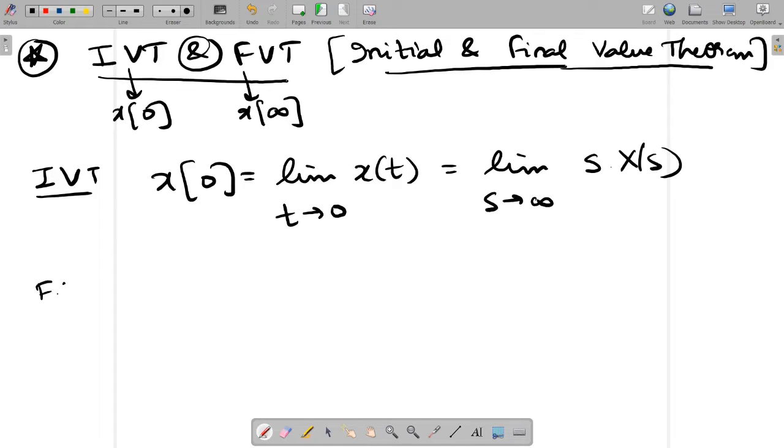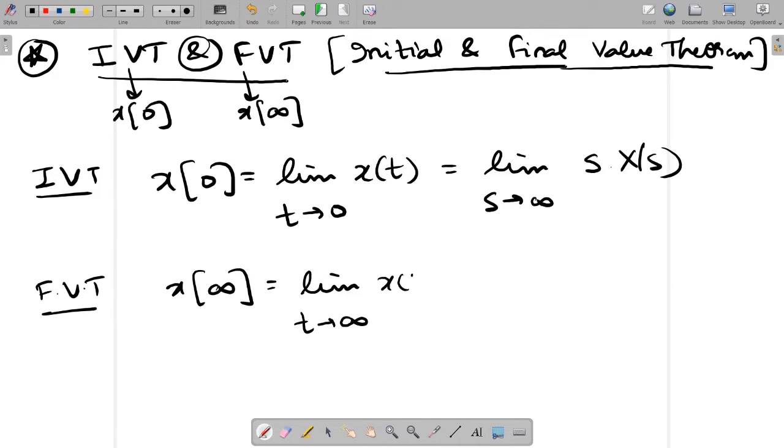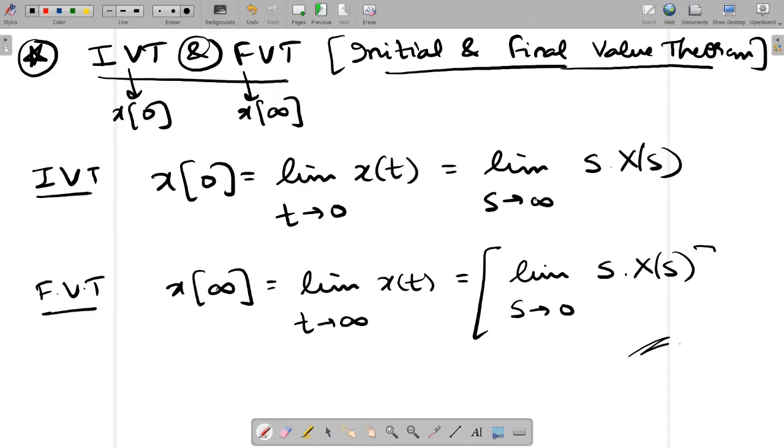Similarly, final value theorem: x of infinity, that is limit t tends to infinity of x of t, is equal to limit s tends to 0 of s into x of s. These are the two formulae. Please remember these for initial value and final value.